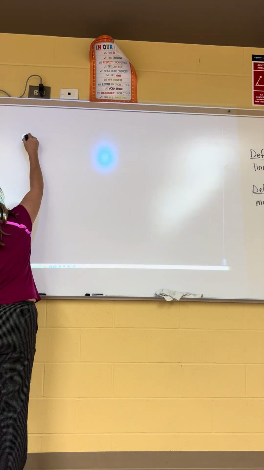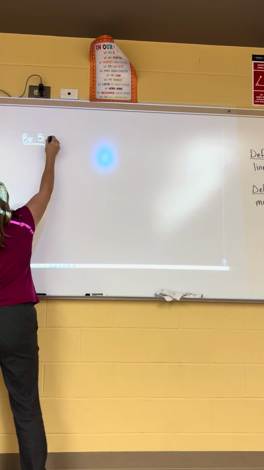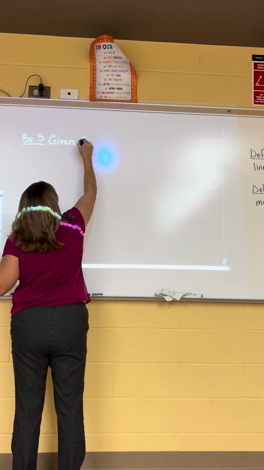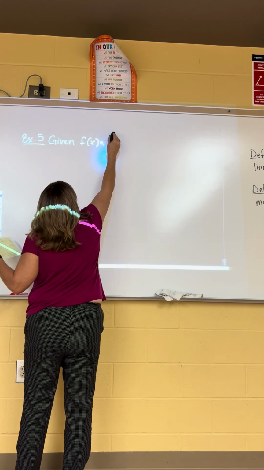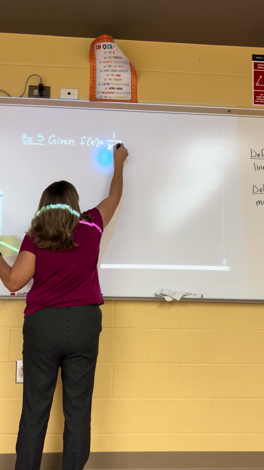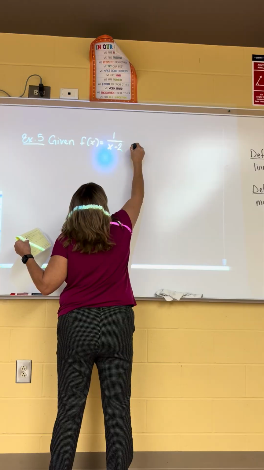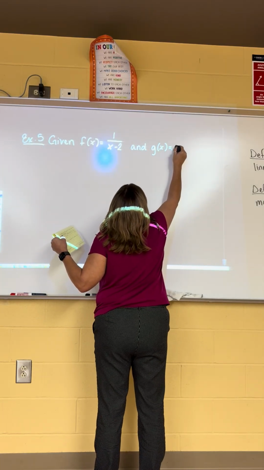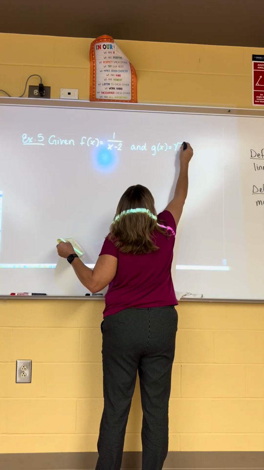Now let's add some challenges. Given f of x equals 1 over x minus 2, and g of x equals the square root of x.